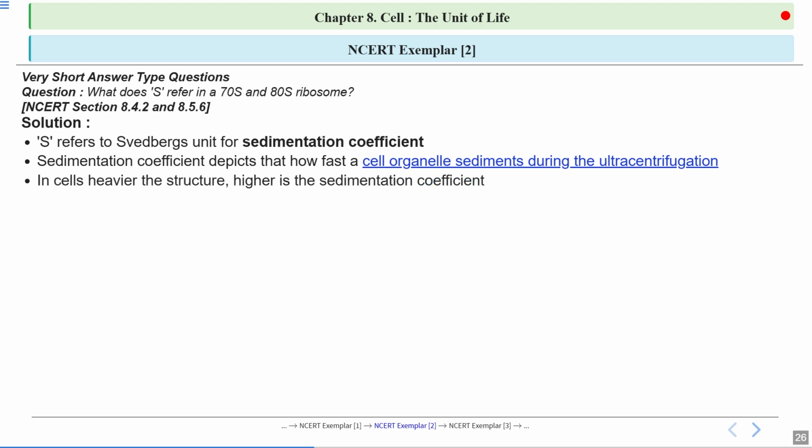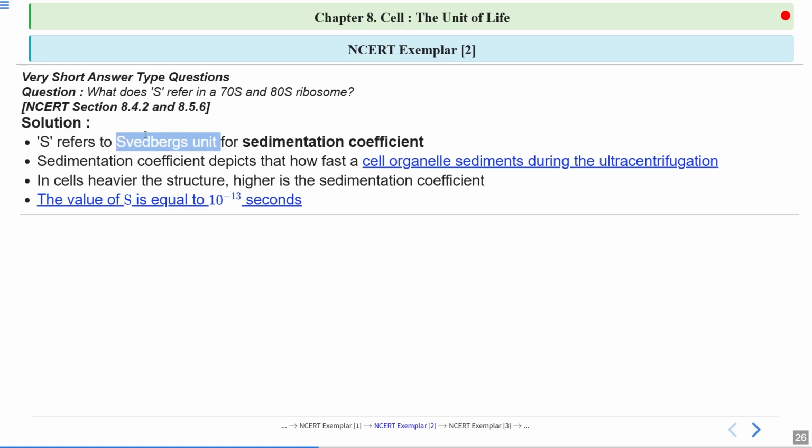In cells, the heavier the structure, the higher is the sedimentation coefficient. Value of S is equal to 10 raised to minus 13 seconds. S is the Svedberg's unit for sedimentation coefficient.